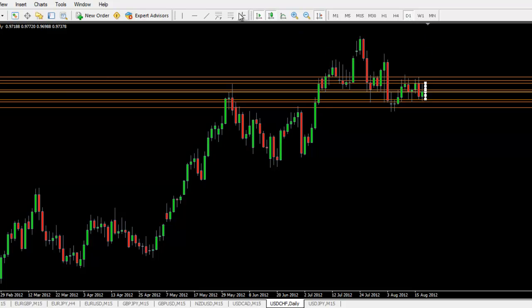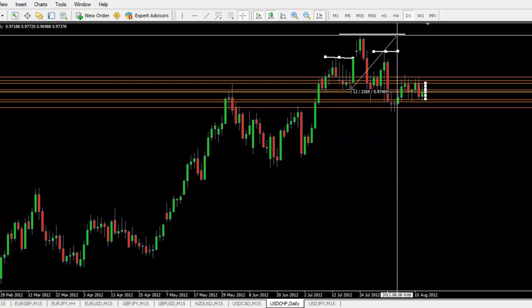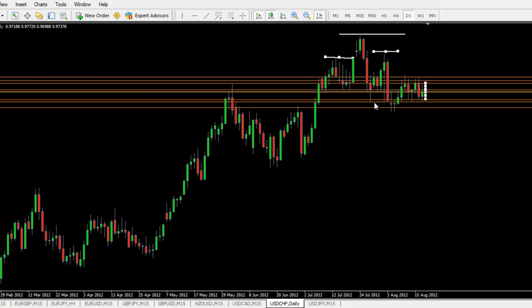Overall, though, we've got a really nice head and shoulders here. Our left shoulder, our head, and our right shoulder, and all the way down to our neckline is about 220 pips, possibly even 280. We've already broken the neckline here.